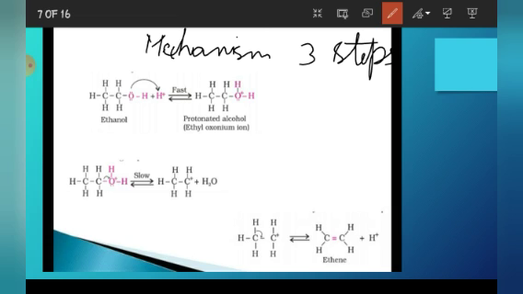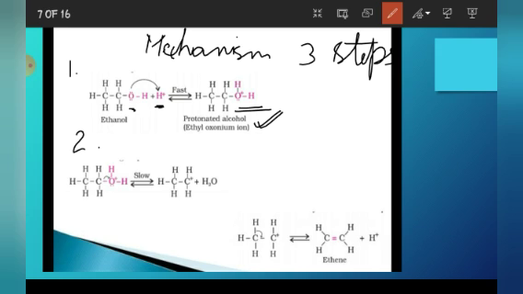Right, children? See the first step. This is step number 1, which is formation of protonated alcohol. See here, oxygen has a lone pair of electrons. This lone pair will attack H plus to form protonated alcohol. This is known as protonated alcohol.